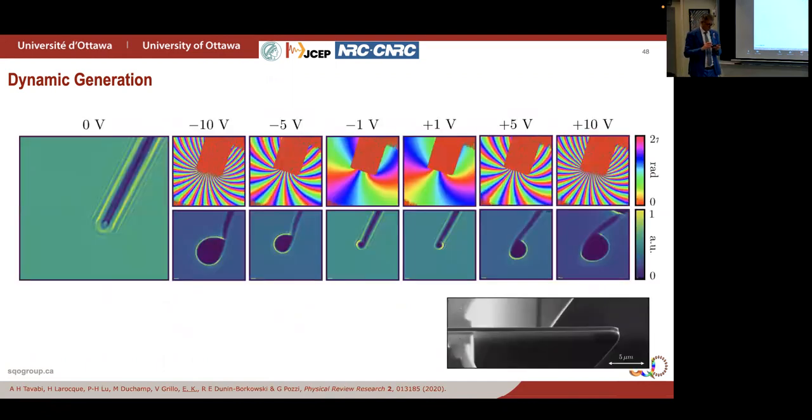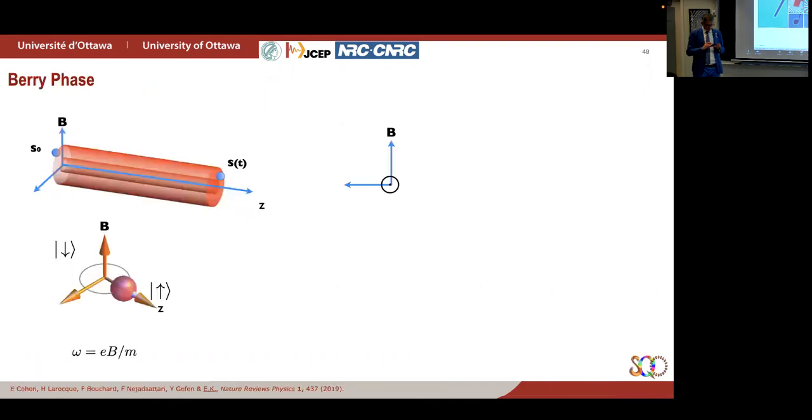And we explore both regimes, essentially by applying only an electric field between two plates, and when the electric field changes from -10 volts to +10 volts, you can create an electron vortex beam with topological charge from almost 20 to -20. So with simple control of the voltage, you will be able to create electron beams with a certain topological charge.